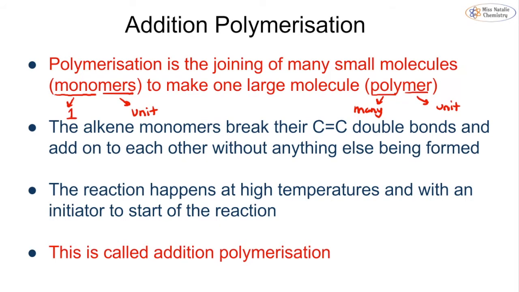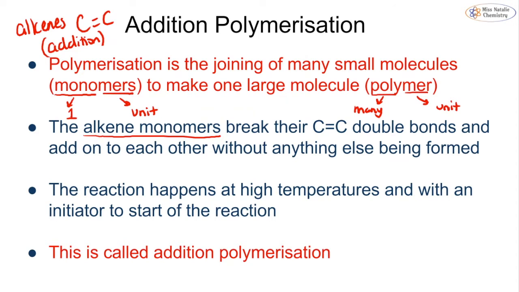Now, in this case, we're going to be looking at alkenes. This is the only substance that we will cover in terms of polymerisation, and alkenes are used because they have that carbon-to-carbon double bond, so they can undergo addition reactions. Alkanes don't have that carbon-carbon double bond, so they can't undergo this reaction. So we're looking at alkene monomers, breaking the double bonds and then joining with each other to form one product only.